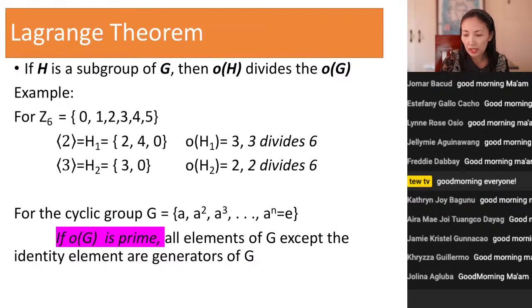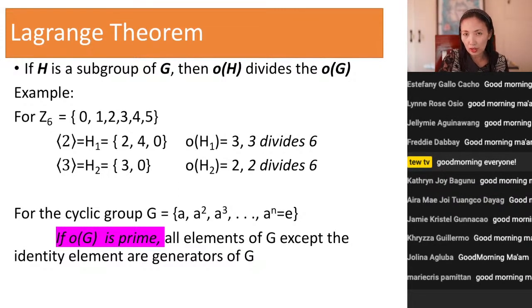So we consider the cyclic group generated by A, where the elements are A squared, A cubed, until A raised to n, and that gives the identity element. It says here, if the order of the group is prime, then all elements of G except the identity element are generators. I think we made mention of that last time already. When is an element a generator and when is it not a generator? Particularly for Z sub M, set of integers modulo M, additive group.